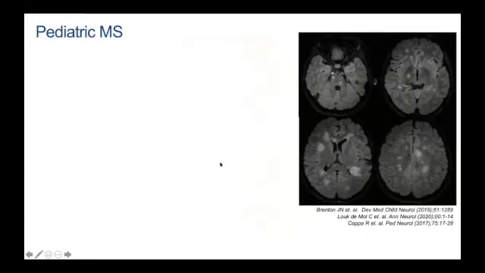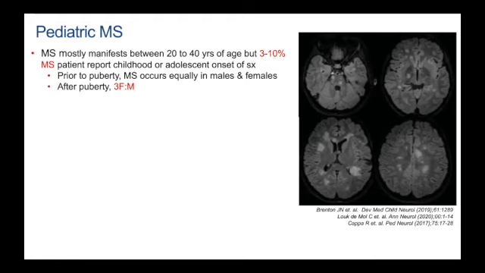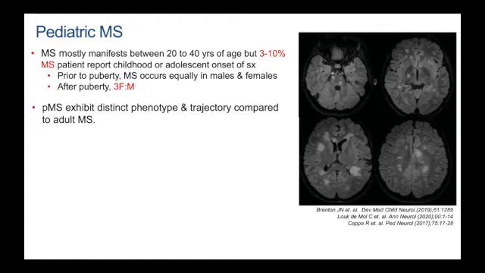And so for pediatric MS in particular, most patients do manifest symptoms between 20 to 40 years of age. However, up to 10% of patients will have childhood or adolescent onset of their symptoms. Prior to puberty, MS occurs equally in males and females. After puberty, there's a 3-to-1 female predilection. And it's known that pediatric MS patients exhibit distinct phenotypes and trajectory compared to adult MS patients.